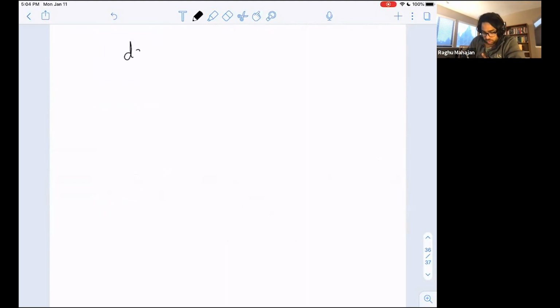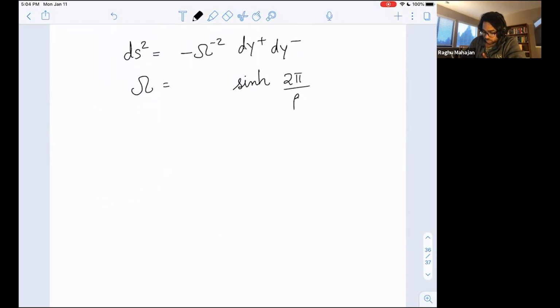So for the relevant JT gravity solution, the metric has some Weyl factor omega times just standard flat space, dy plus dy minus, where omega was sinh of 2 pi over beta times negative y times beta over 2 pi.